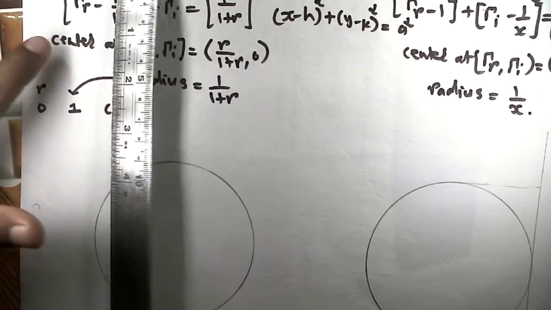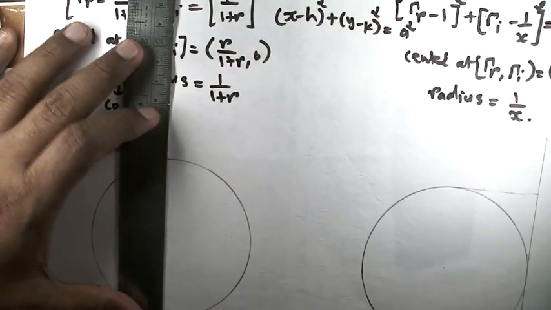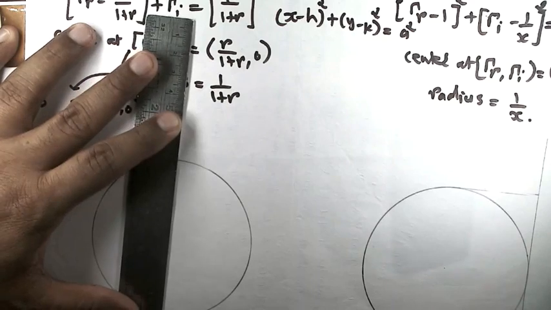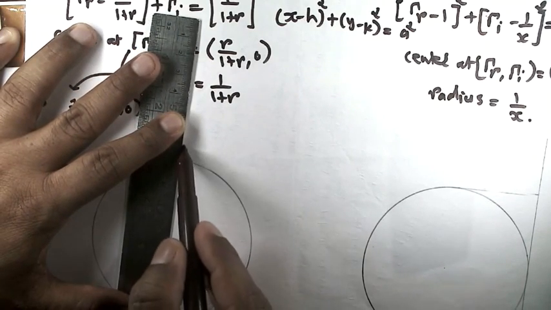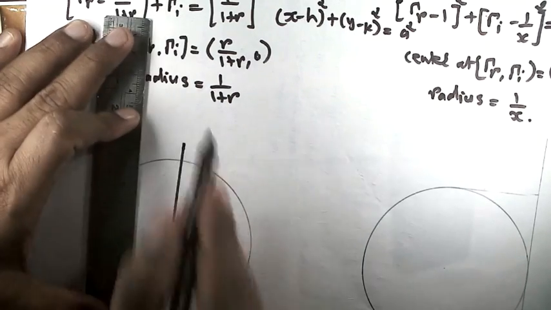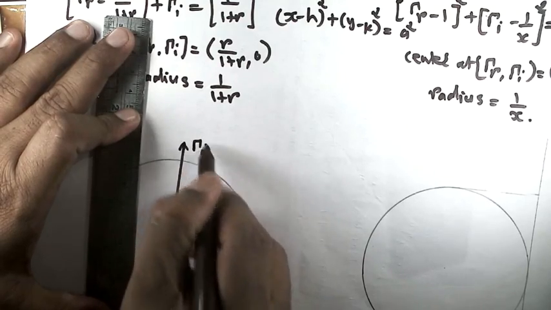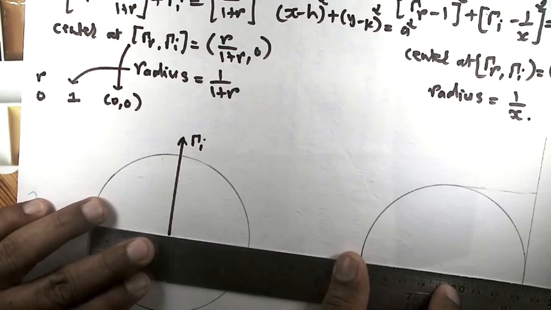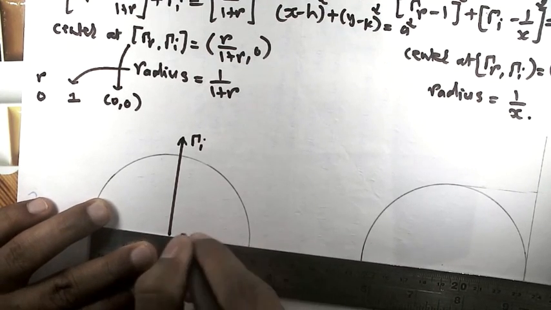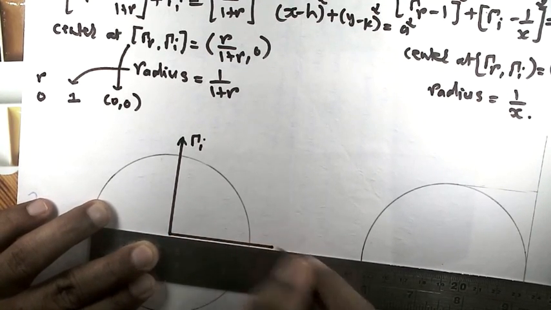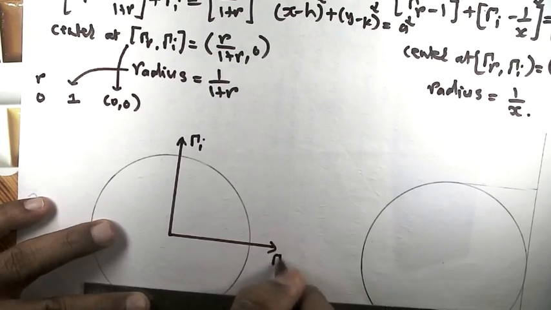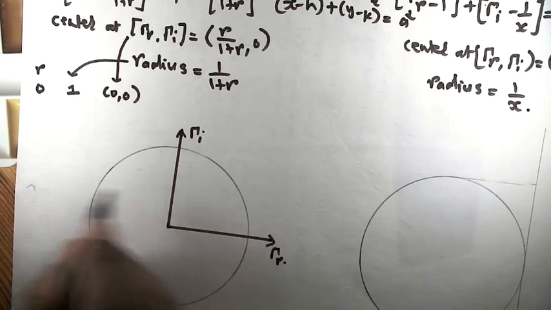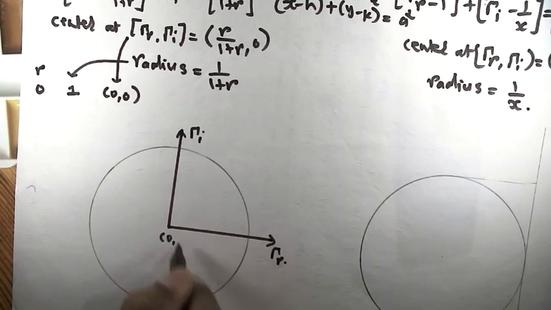If we draw, then for this typical value r equal to 0, we have sigma I on the y axis and sigma r on the x axis, and the center is at 0, 0.